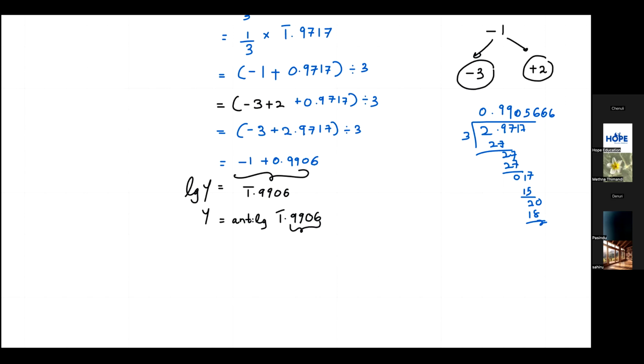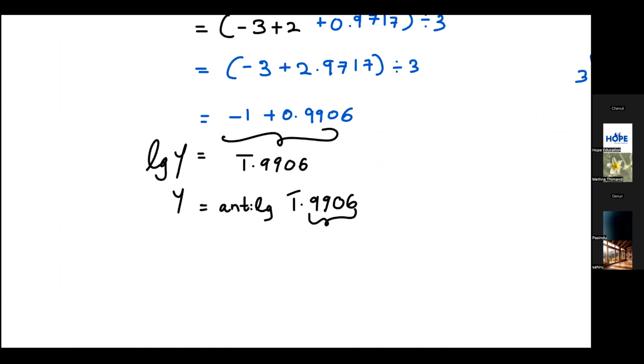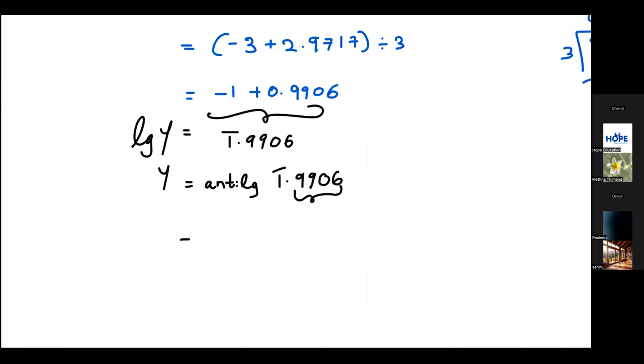It should be 9906 when you read the log table. It should be 9786. Bar 1 means the decimal point goes in front, so that should be 0 point. But you have gotten different answers.